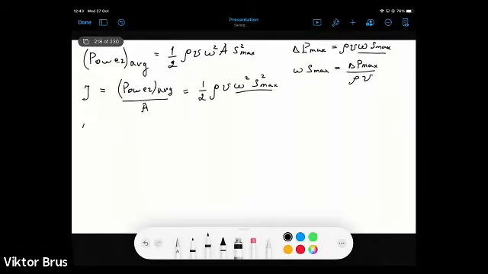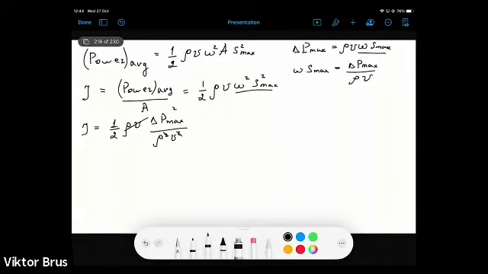And now we see that we have this omega times S maximum square. So that's why we can express our intensity of the sound wave as follows. It will be 1/2 times density times speed of sound. And instead of omega times S maximum square, we can put delta P maximum square divided by rho square V square. So we can cancel these.